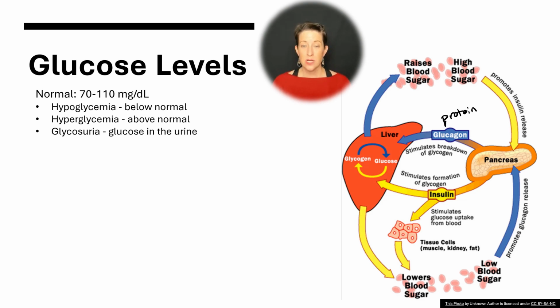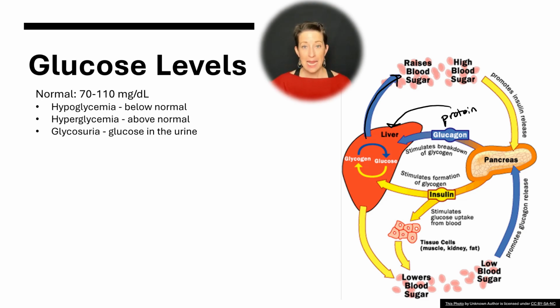So the pancreas, with its alpha cells, will secrete glucagon. Glucagon will then travel to the liver, and it signals the enzymes to break glycogen into glucose, sending glucose out into the blood so that it can then be used by those cells.